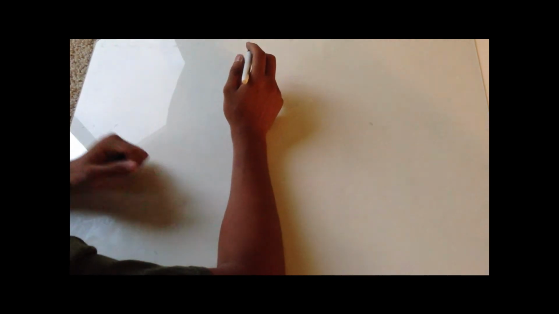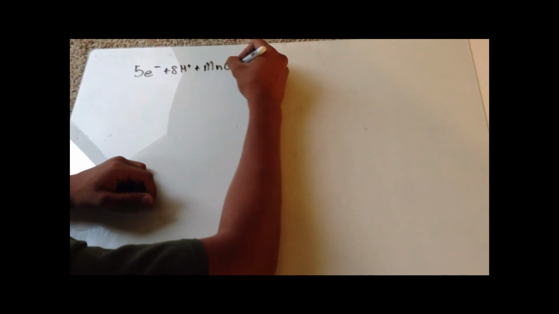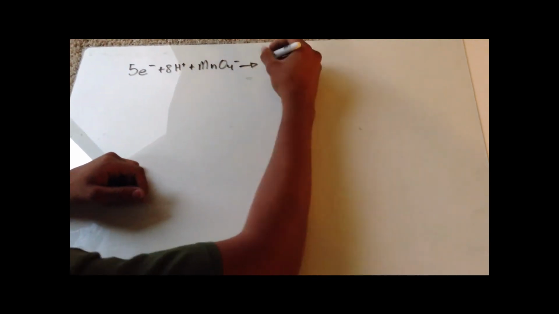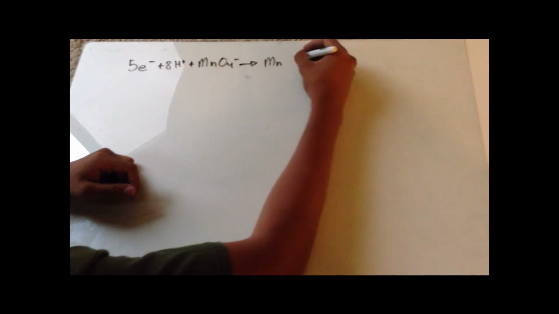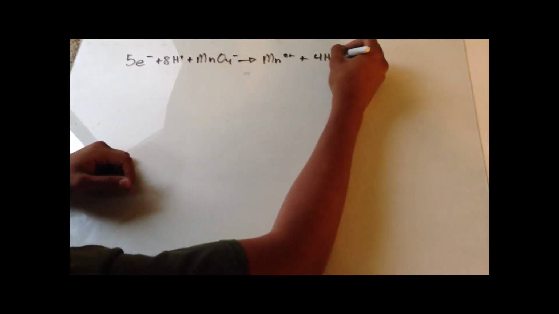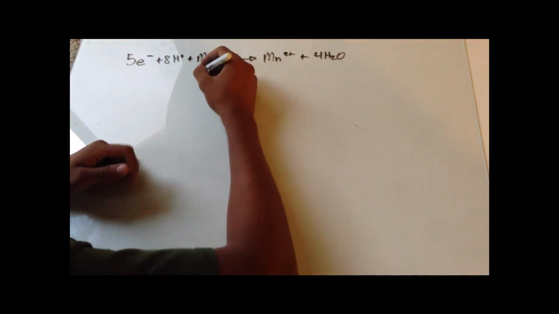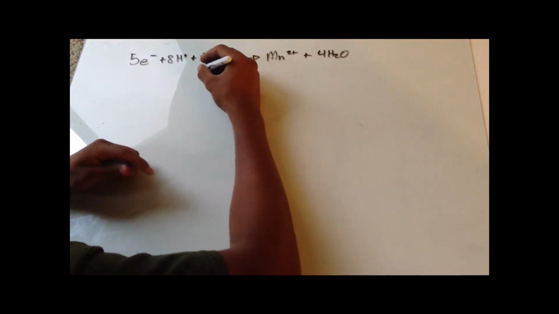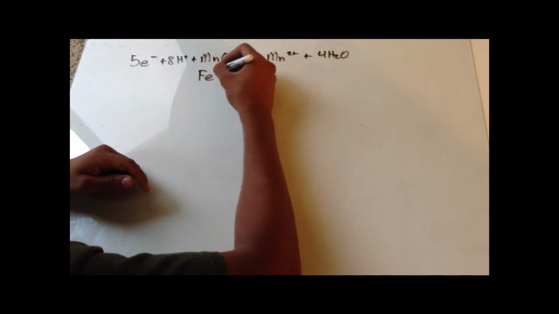So now that we've balanced each set of half reactions, you would now combine them, but not yet, just have them side by side. It'll be a lot easier to do it. This was your reduction, your oxidation was this.